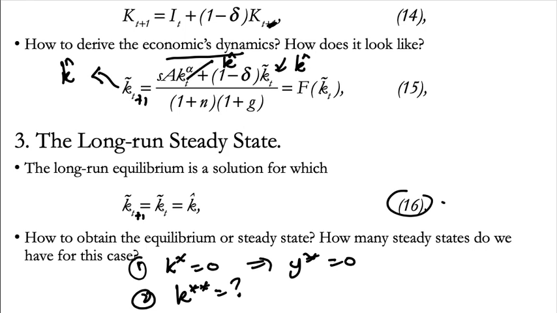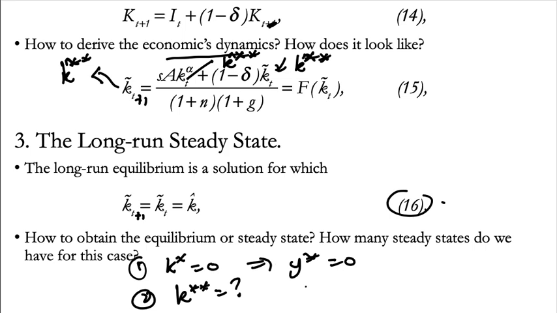Then you rearrange 15 so that only K hat is on the left side, and the rest on the right hand side. Then you can have the answer for the positive steady state, which is K double star. In this case, this one should be double star instead of K hat. So try to do this.